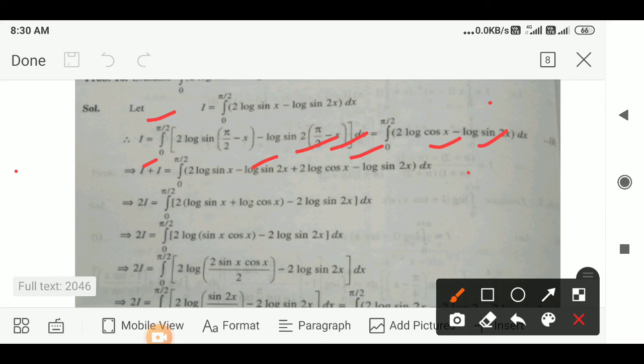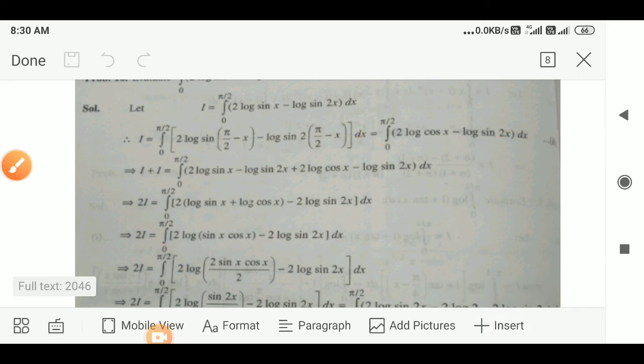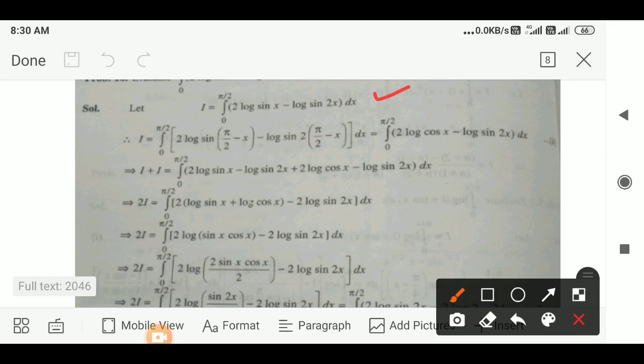Now we add these two, we add this one and this result, so we get I plus I is equal to 2I, the integral from 0 to pi by 2, this is the limit for all, of log sin x minus log sin 2x plus log cos x minus log sin 2x.